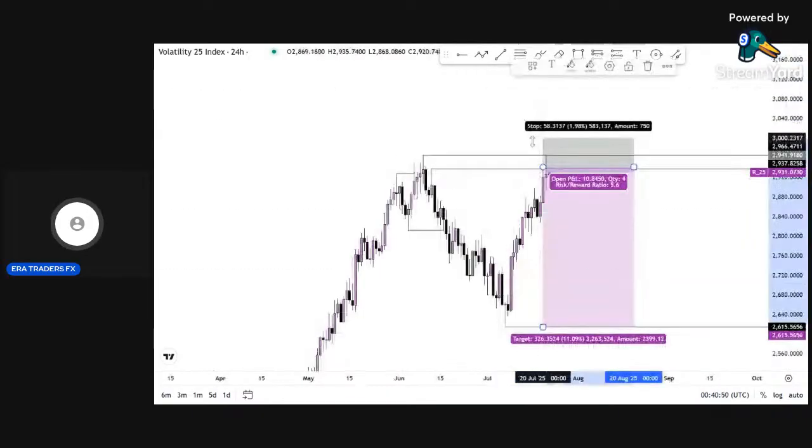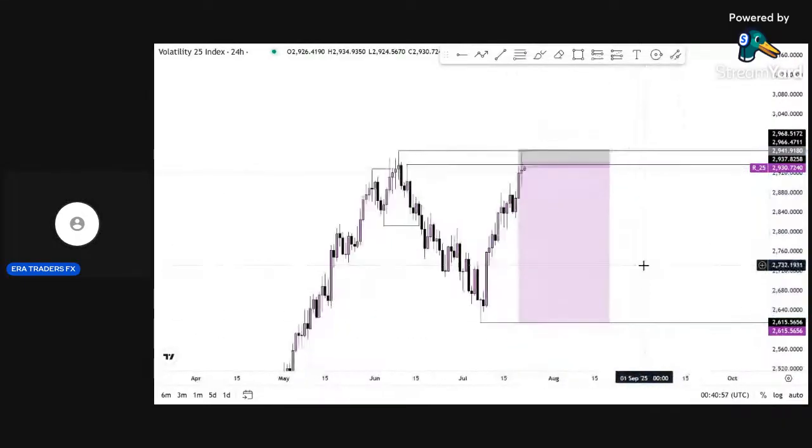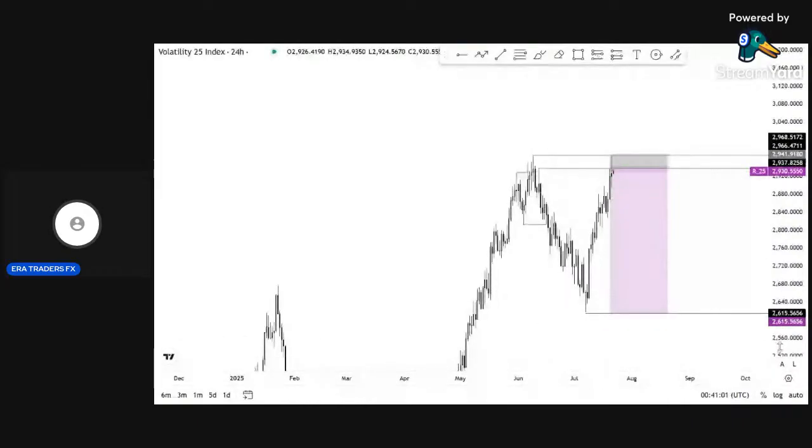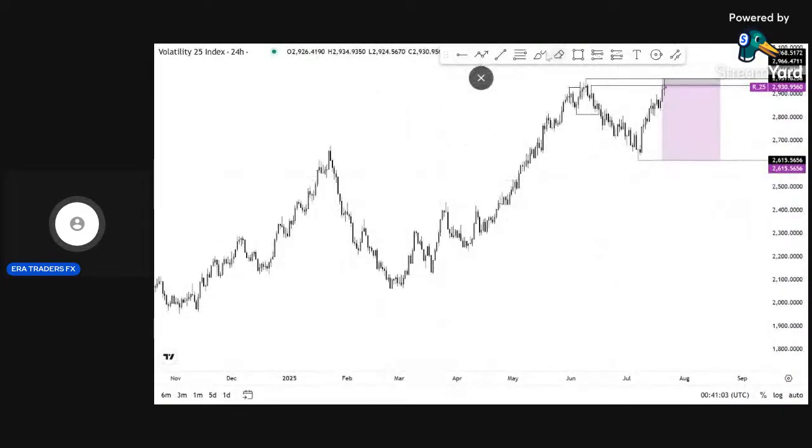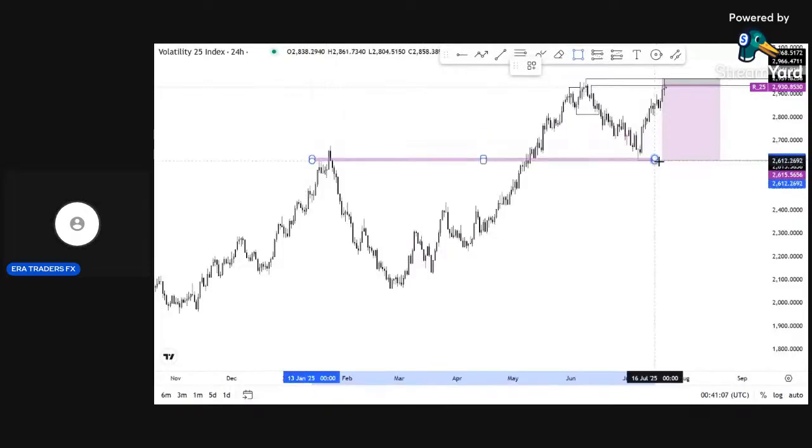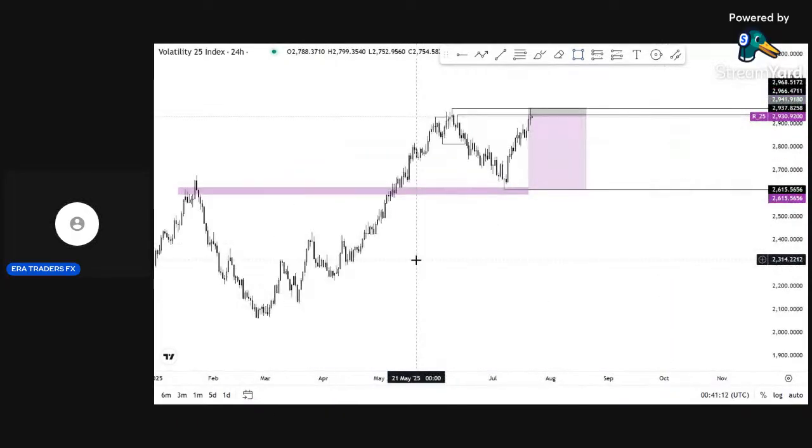Although the push might start if this candle closes as a bearish candle, then we'll see the push. But then again, just be careful with this trade, because if you look, we have been bullish and price reacted from this resistance, this flip level.